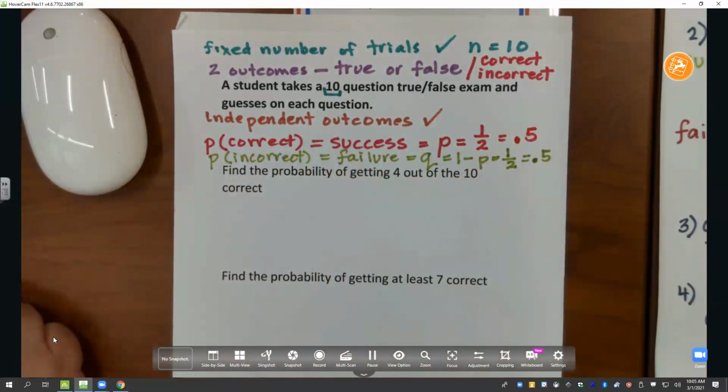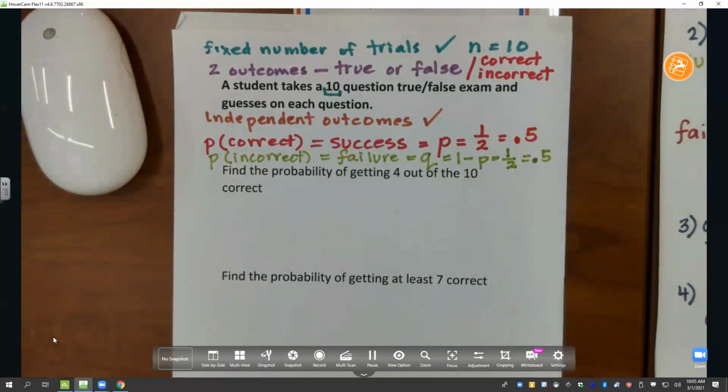We got a fixed number of trials, 10. We have 2 outcomes, correct or incorrect, or you can think true, false. They are independent because what you answer on the first one is not going to affect the second, third, fourth, fifth. And the probability that you get it correct is going to be 1/2 or 50% for each question because you only got 2 choices, true or false.